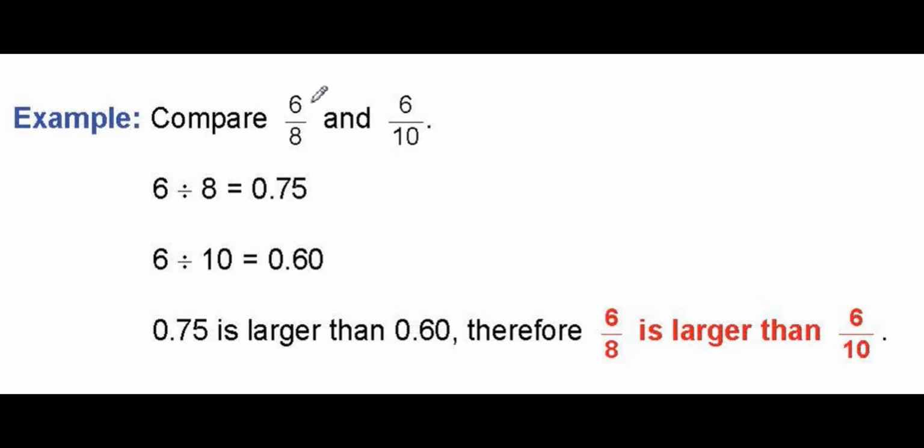We will start with the fraction 6/8. The numerator of 6/8 is 6. The denominator is 8. So we will divide the numerator, which is 6, by the denominator, which is 8.